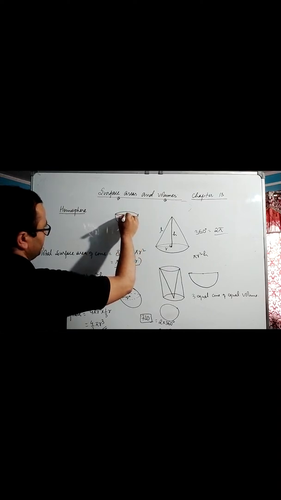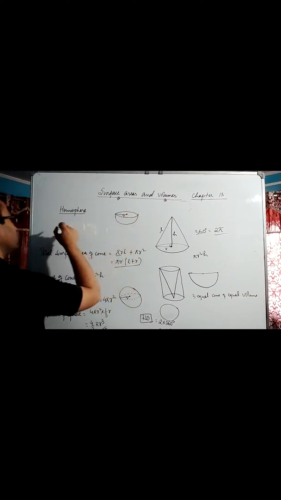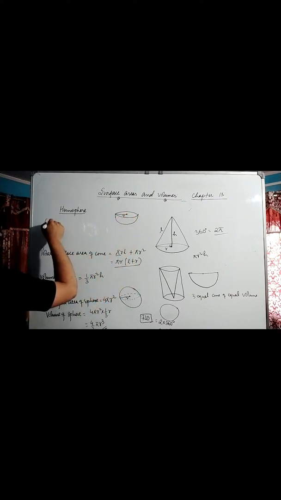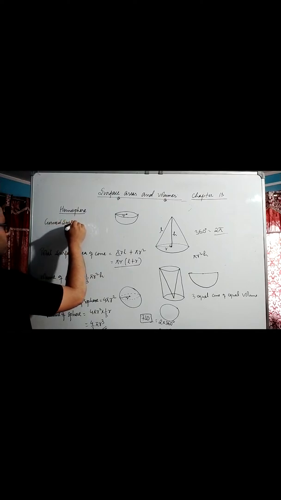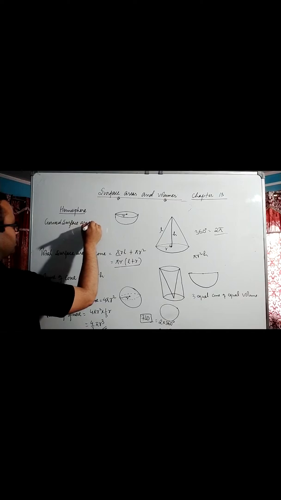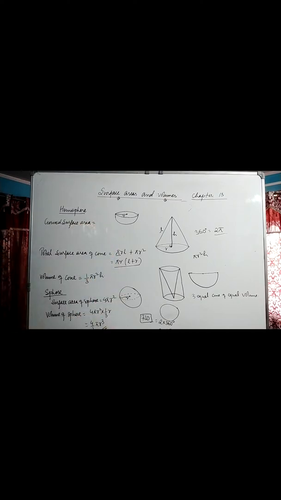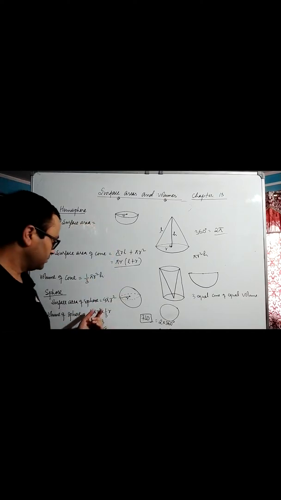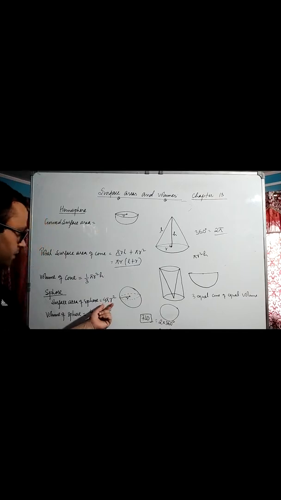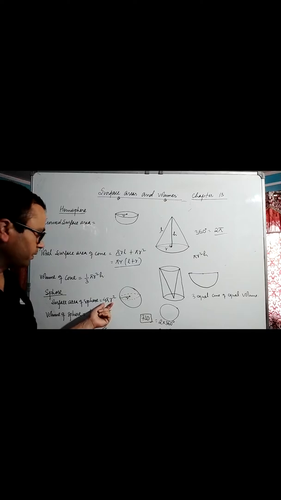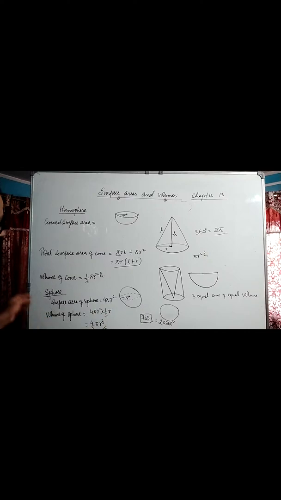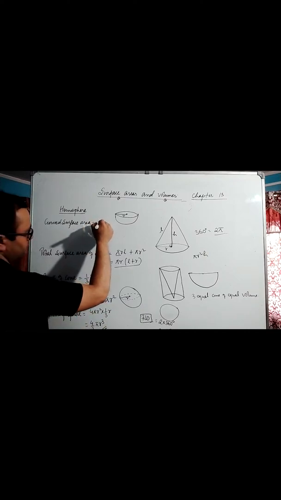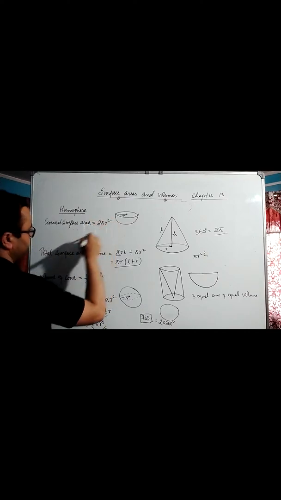Now this is the radius r. It has a curved surface area. The curved surface area of a hemisphere is half of the surface area of the sphere. The surface area of the sphere is 4 pi r square, so half of 4 pi r square will be 2 pi r square.